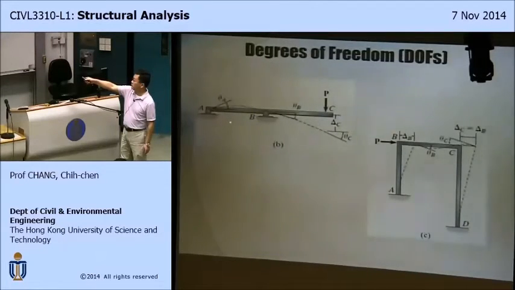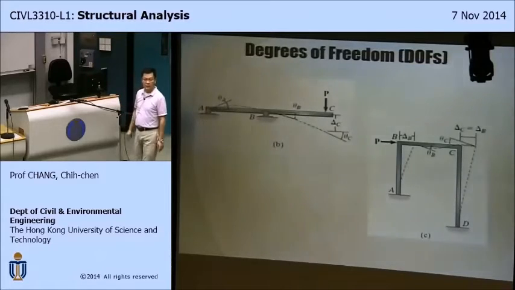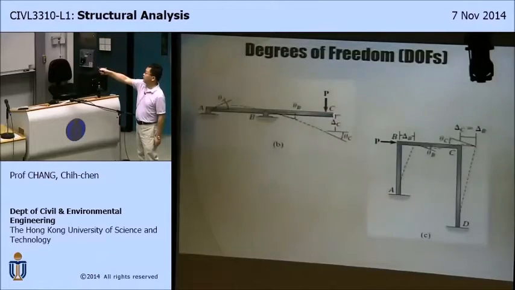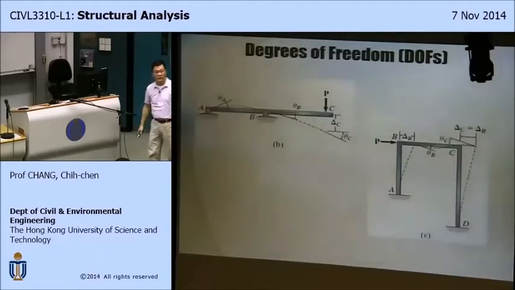Node A is going to be able to rotate. Point B also can rotate but cannot displace. So both of them are restricted from displacement but allowed to rotate. Point C is a free end, so it's allowed to deflect as well as rotate. So as a conclusion, if you model your structure like that, you're going to have 1, 2, 3, 4 degrees of freedom. Now, look at this frame.